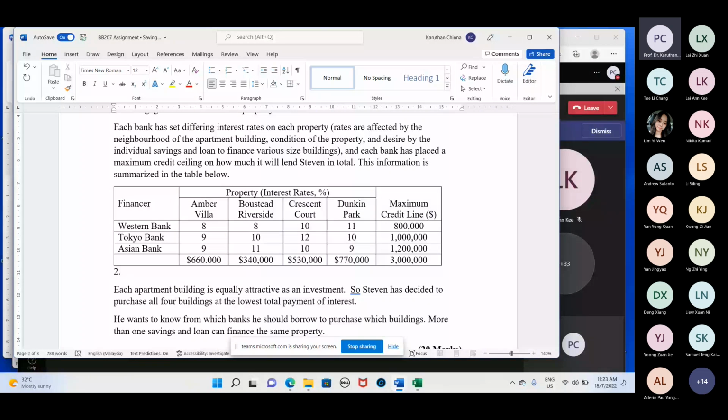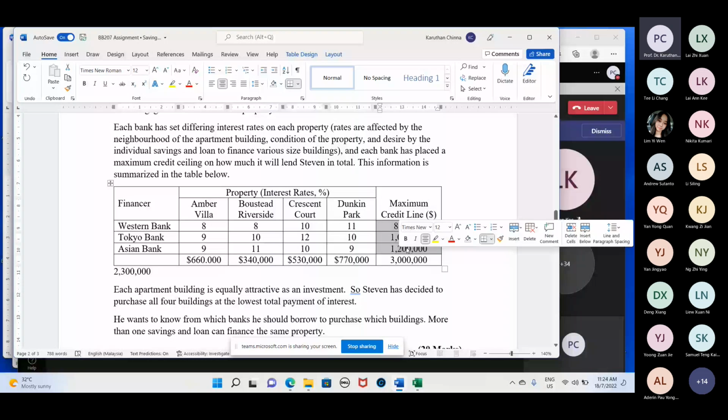Okay, it's the other way around. The property is supposed to be more than this. Okay, never mind. 2.3 million. Actually, that property costs less than what the banks are offering, right? So it doesn't come out of the pocket, right?